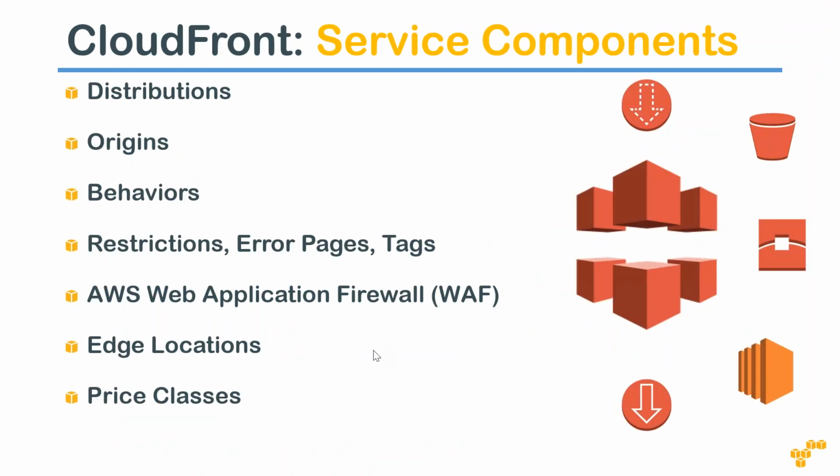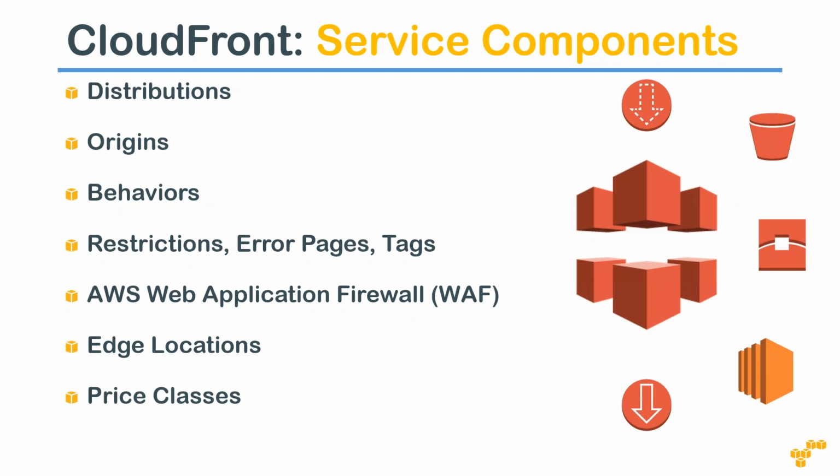So there are different service components associated with CloudFront distributions. Distribution is a collective name for what you're trying to distribute. It can be a static file or it can be a dynamic file. For example, RTMP is the format for streaming videos and changing content over the internet. And you can choose to do both, either static or dynamic.